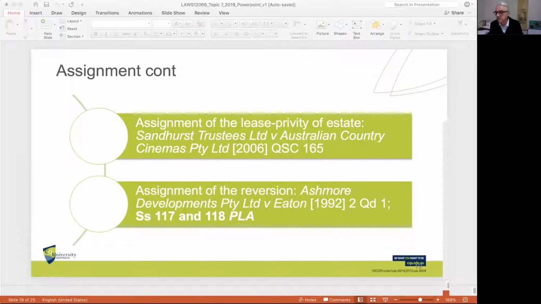Whether a lease covenant touches and concerns the land will depend upon the nature of the covenant to be enforced. You can see there reference to the Sandhurst case, a relatively recent Queensland decision, which you can have a look at in your casebook with regard to this issue.